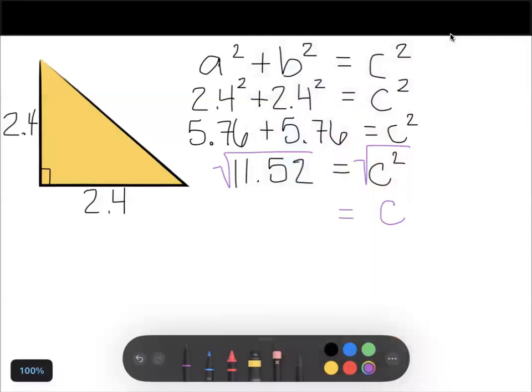Sometimes they want you to leave it as a square root. Sometimes they want you to write it in radical form. Sometimes they want you to use your calculator and round to the nearest tenth. So that's what I'm going to do. When I did it on my calculator, I got 3.39411 on and on. So I am going to round that to the nearest tenth, making it 3.4. So the approximate length of the hypotenuse in this right triangle would be 3.4.